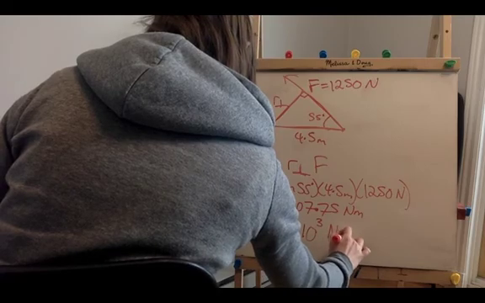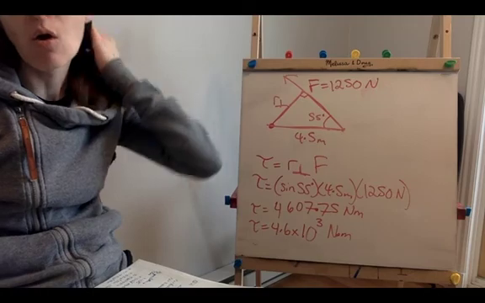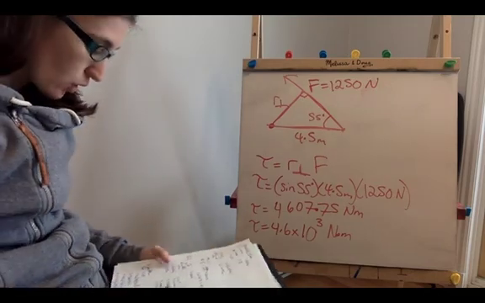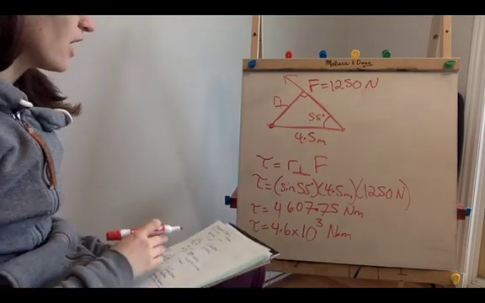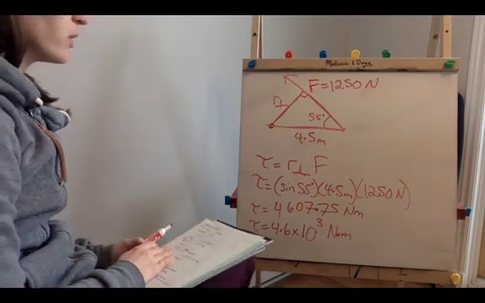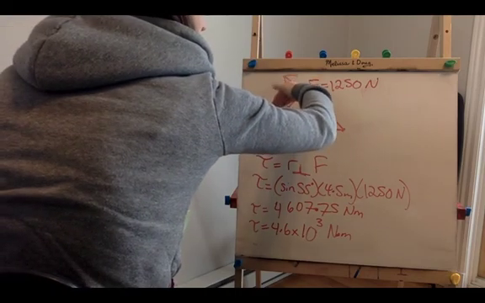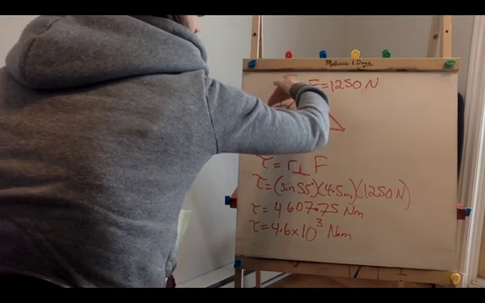And this is where we need to come up with our direction. This is either going to be acting clockwise or counterclockwise. So here, we use the right-hand rule: we place our hand parallel with the lever arm, and then rotate our fingers towards the force.